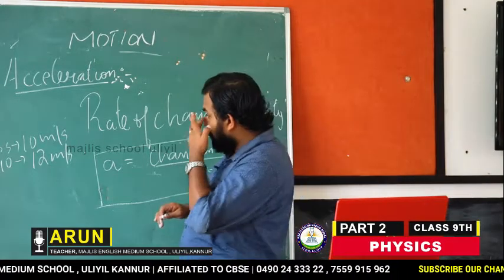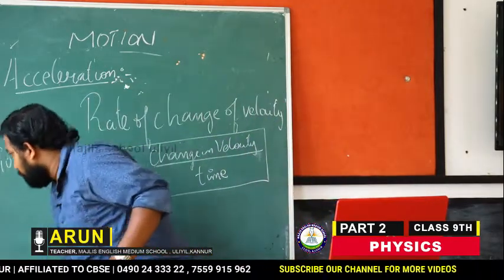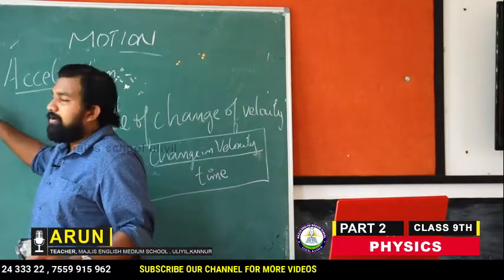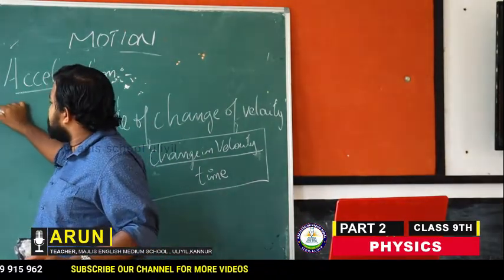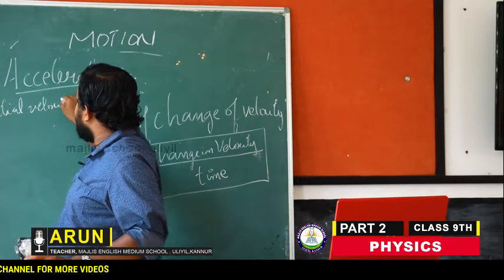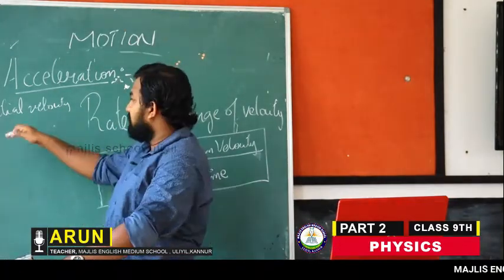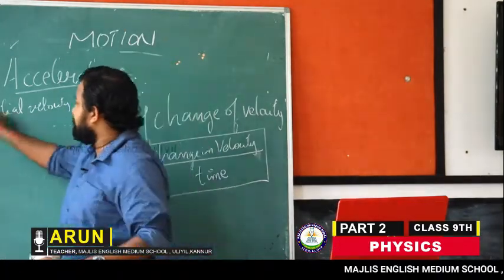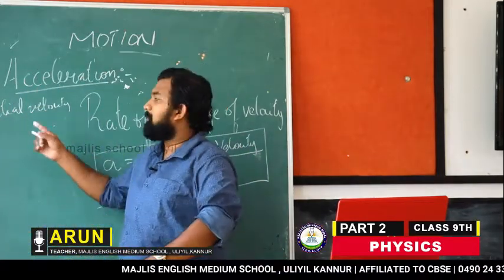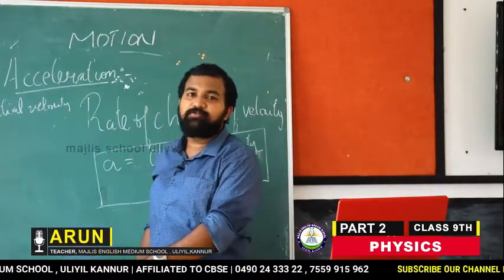And if we want to write it down in equation form, change in velocity: a body was moving at an initial velocity before the application of acceleration, before changing the speed. In physics, in these chapters, we will denote the initial velocity as small u.